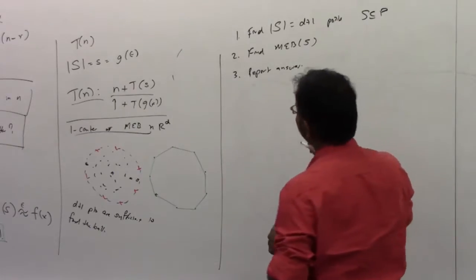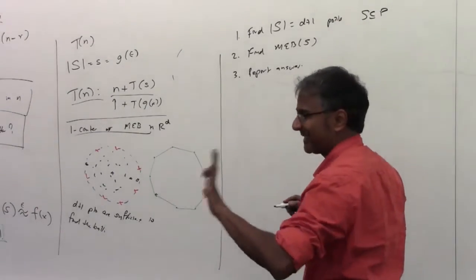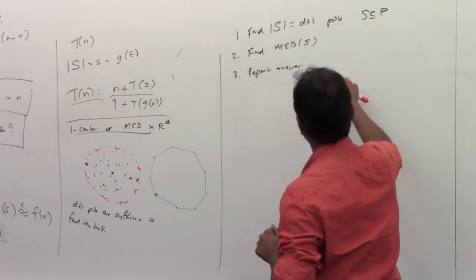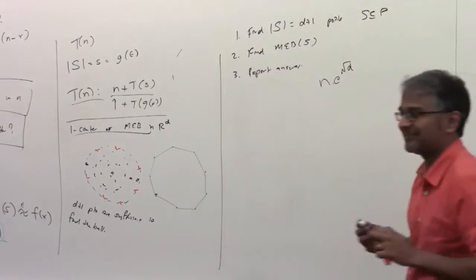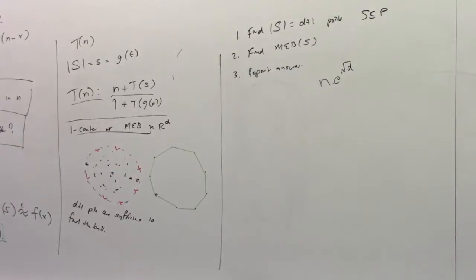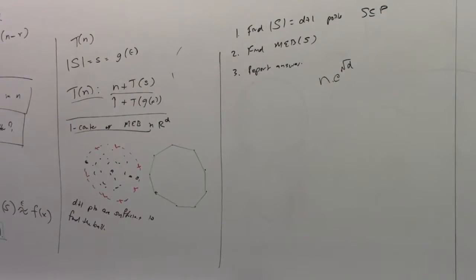Exactly. Is it any better than the convex hull? Ta-da, it's linear, n times e to the square root of d. What? It's awesome. It's some exponential. This is the best known exact algorithm by Matoušek, Sharir, and Welzl.